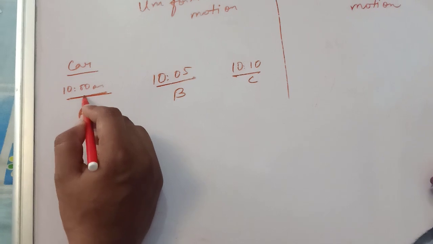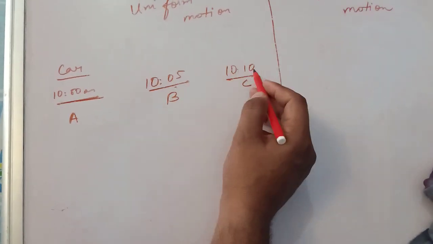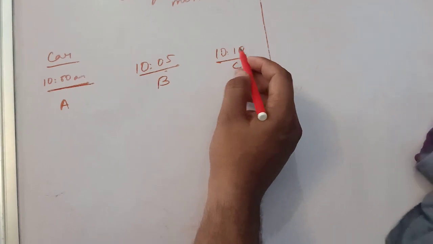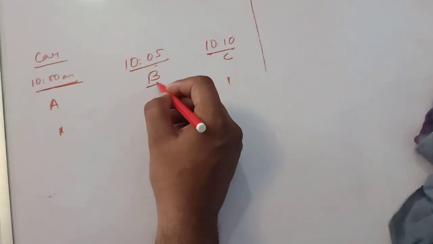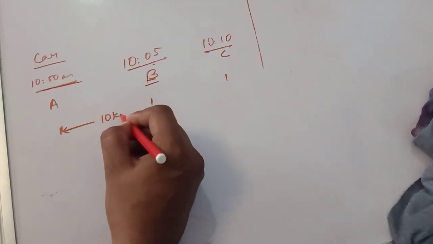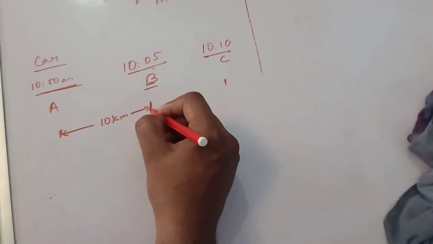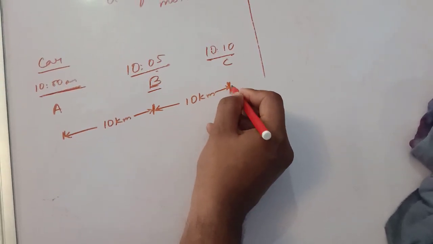There is a change of 5 minutes, and again a change of 5 minutes. And if we talk about the distance between these points A, B and C, let us suppose the distance between A and B was 10 kilometer. Similarly, the distance between point B to C was also 10 kilometer.